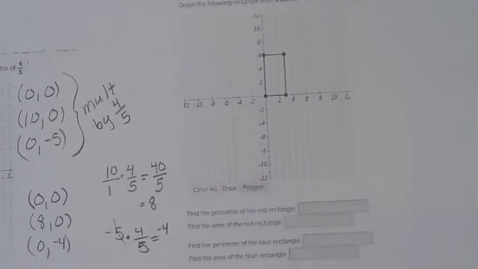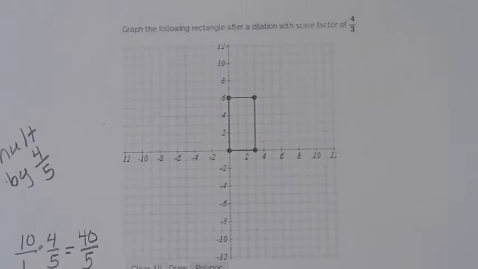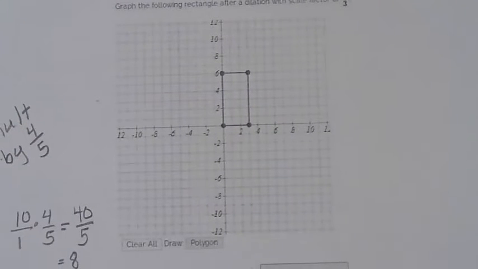This is where we have a little bit of stuff that's new. But first thing we need to do is graph the following dilation with a scale factor of 4/3. So now is this one going to grow or shrink? It's going to grow because 4/3 is really like 1 1/3, right? So it's going to grow bigger. So I'm going to put this on pause.